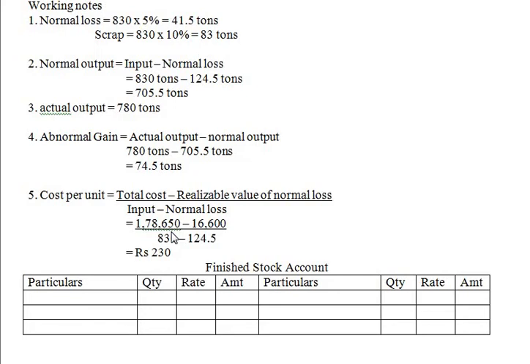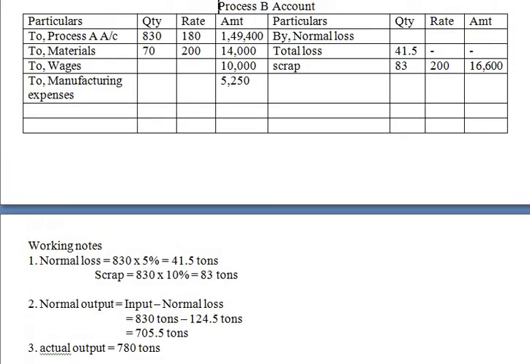Okay. Go to process B account. Abnormal gain, we will be showing it on the debit side to abnormal gain.